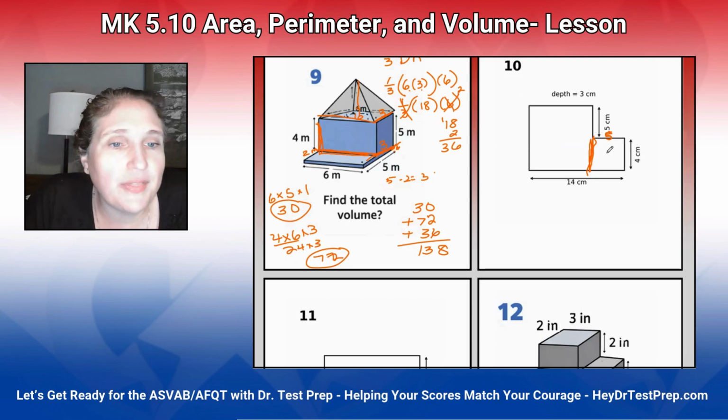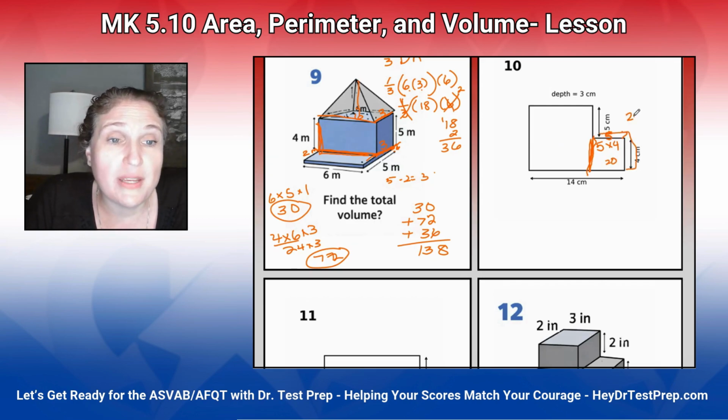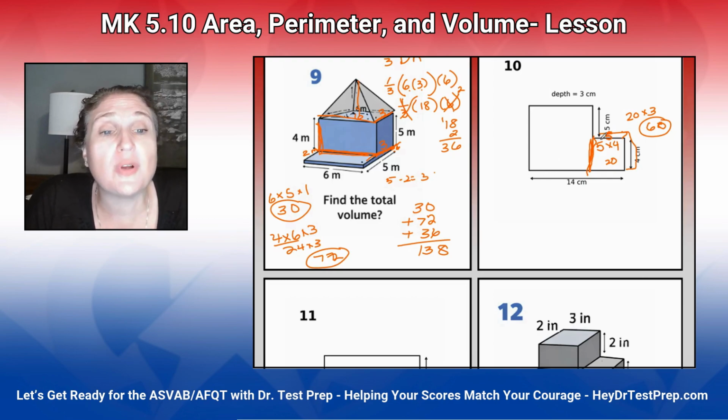I know that this box is 5 times 4, which is 20. And also, because I'm doing volume, it has a depth of 3. So the volume of that whole box is 60. Over here, this whole thing is 14. I've already done 5. So that means I have 9 left here. And so when I add, I have this 5 and this 4 also go over.